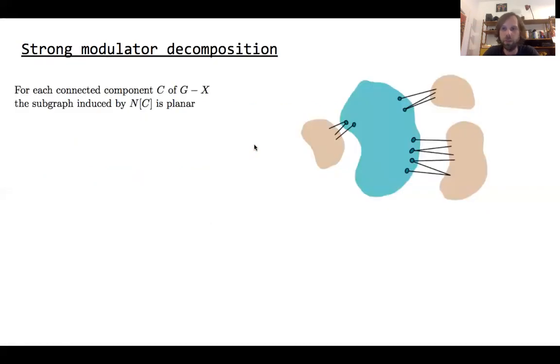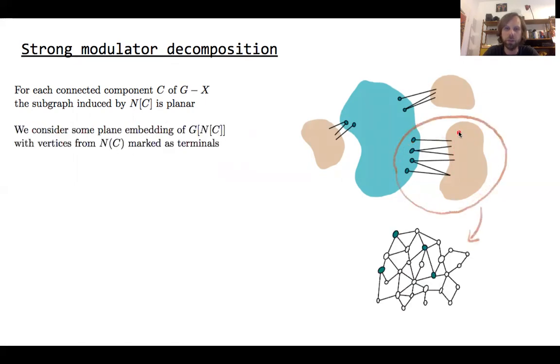Let me now sketch the main ideas of the algorithm and the proof. The first preprocessing phase ensures that whenever a graph has a solution of size at most k, then we can find a planar modulator X of size poly(k) with the additional convenient property that for every connected component C of G minus X, not only the graph induced by C is planar, but also the graph induced by C together with its neighborhood.